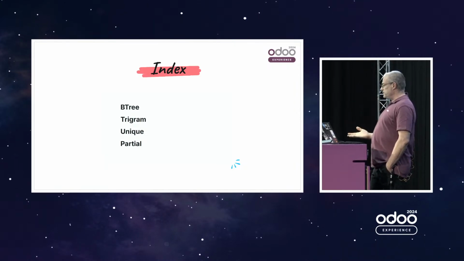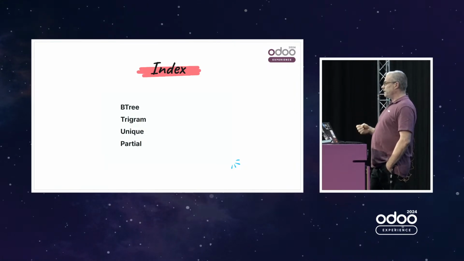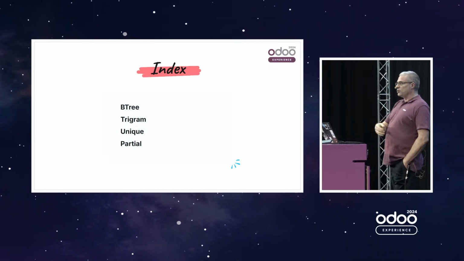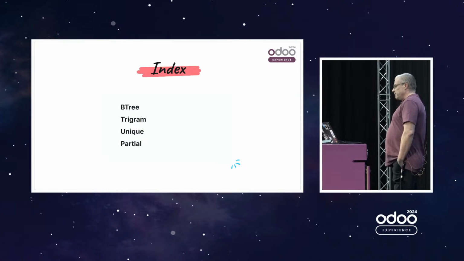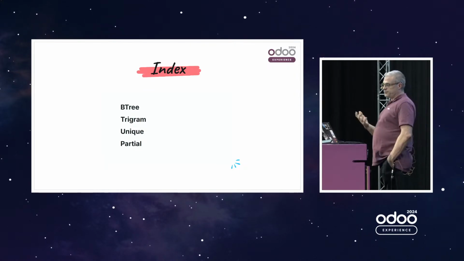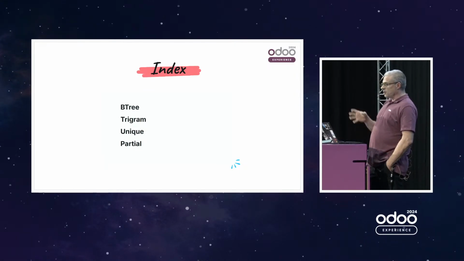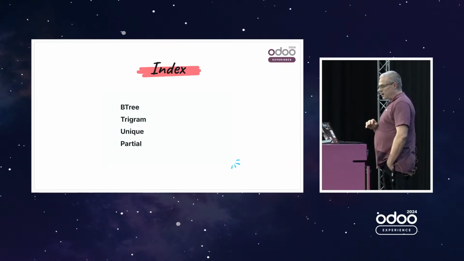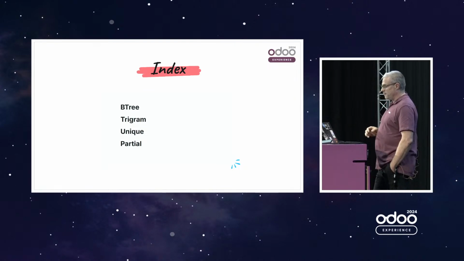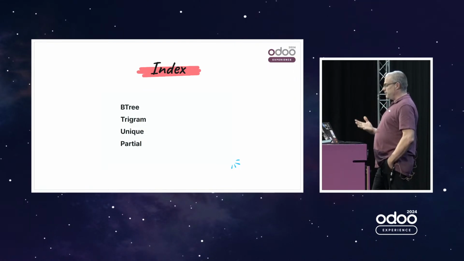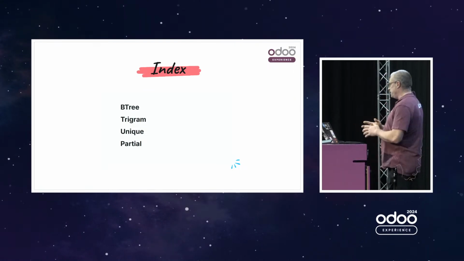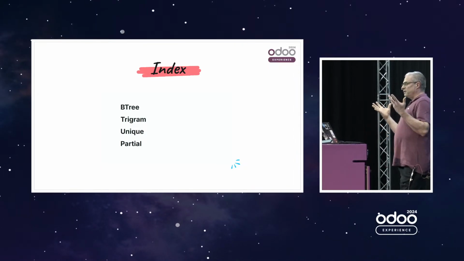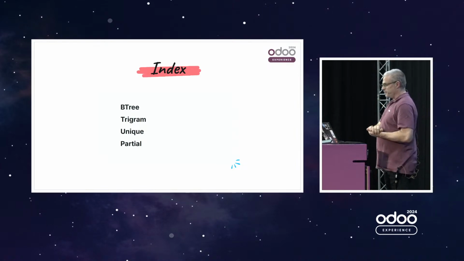In the Odoo ecosystem, when you search on a string, the search is done as: your field contains this string. And for this kind of search, your field contains this value, the B-tree index is not usable at all. The database cannot use a B-tree index to retrieve information based on the content of a string in another.